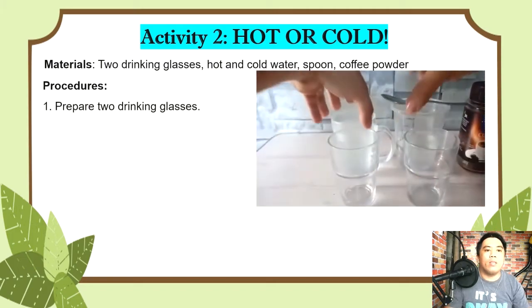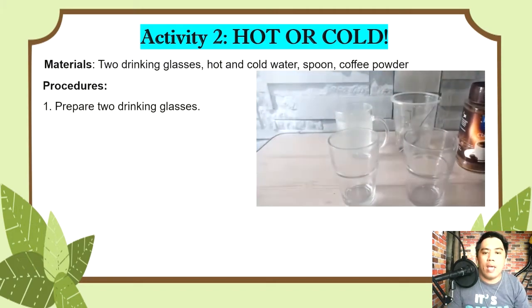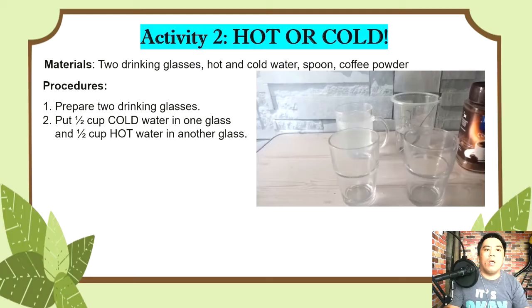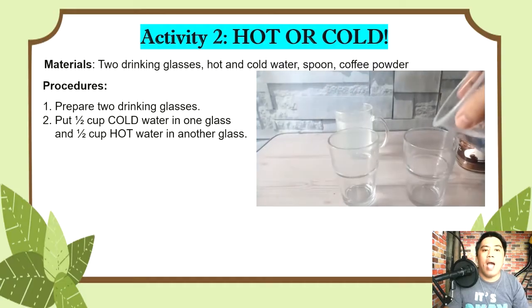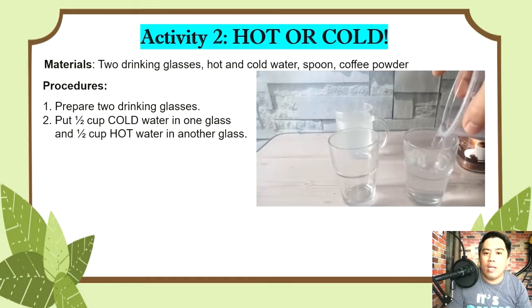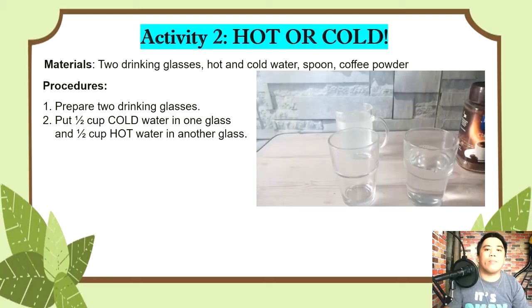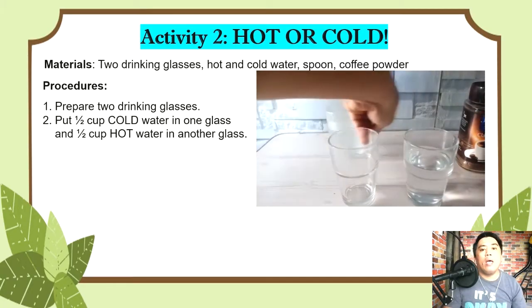Okay, so for the procedures. Number 1, prepare 2 drinking glasses. Put 1/2 cup cold water in one glass and 1/2 cup hot water in another glass. Yan, yung isa malamig, yung isa mainit.